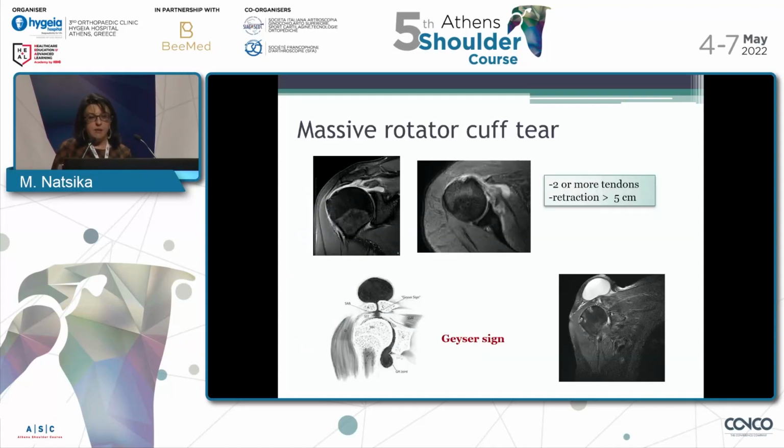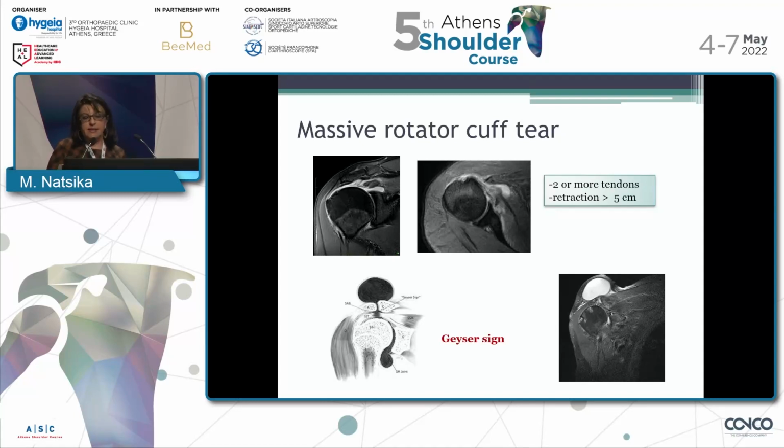At the end, the massive rotator cuff tear refers to the condition when we have more than 2 tendons with full thickness tear, and the retraction is more than 5 centimeters. We have some accompanying findings sometimes, like this geyser sign, as you see below.